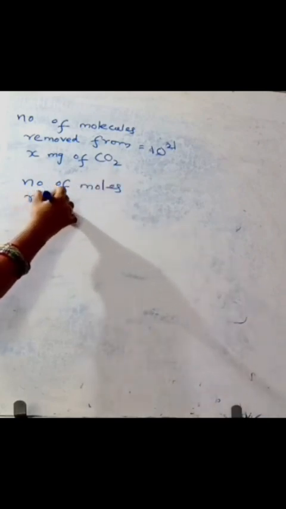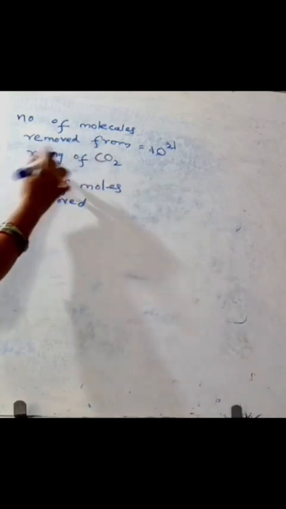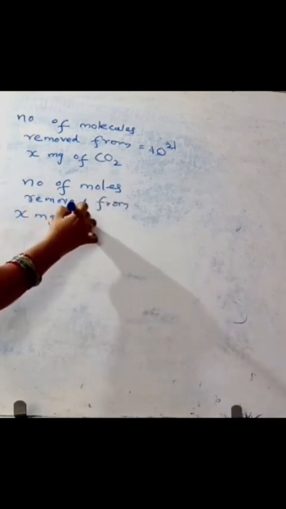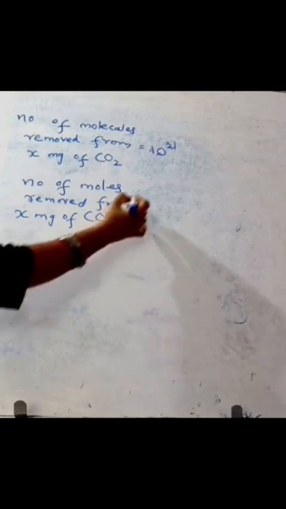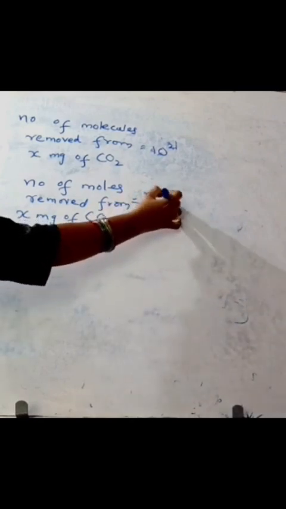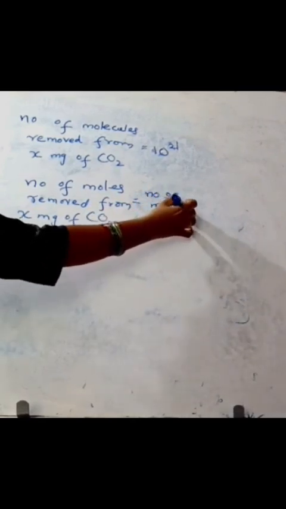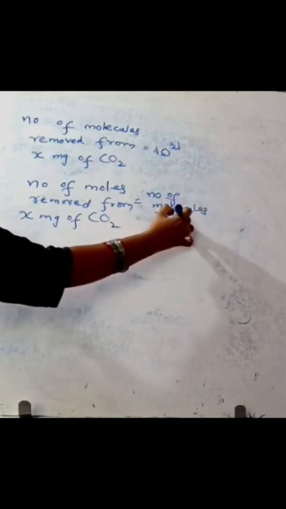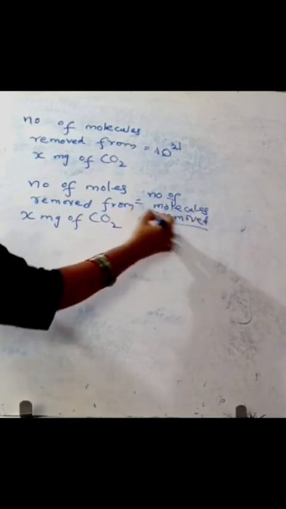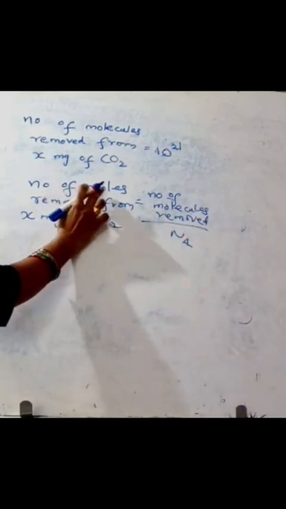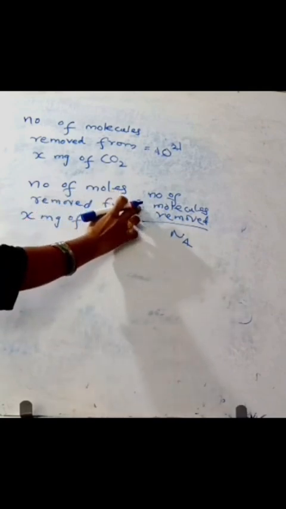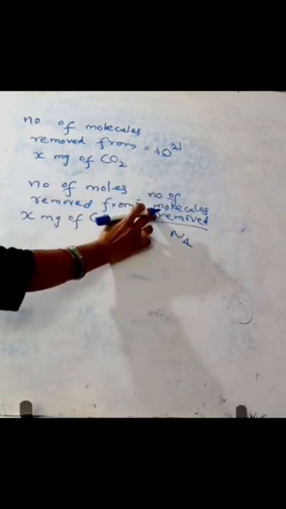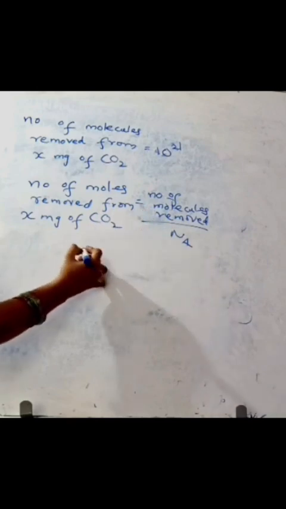Number of moles removed from X milligrams of CO2 is equal to number of molecules removed by Avogadro number.